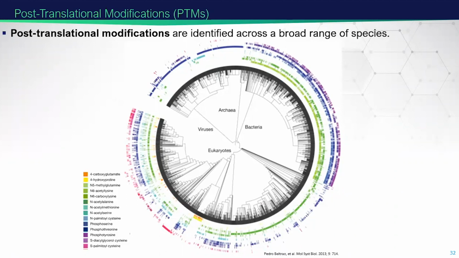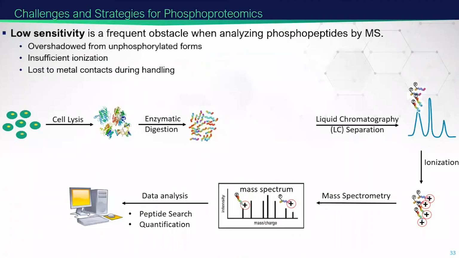The most widely studied is phosphorylation. A lot of people are studying phosphorylation, and we are going to use this as an example in the next slide for how we can study phosphoproteomics.